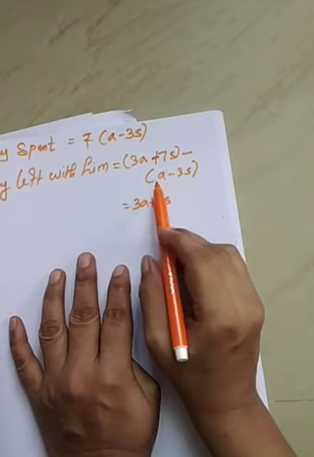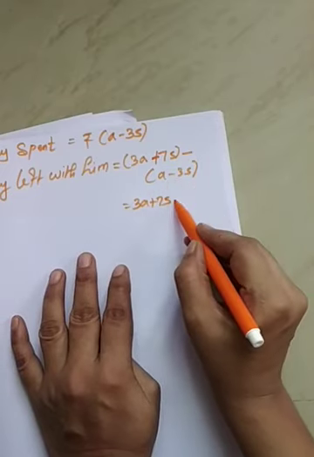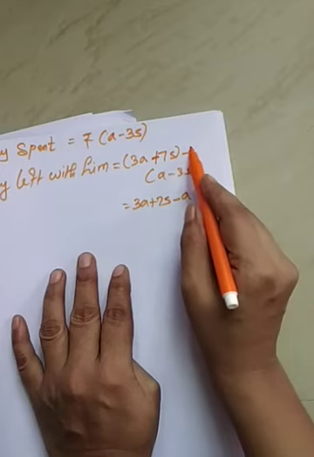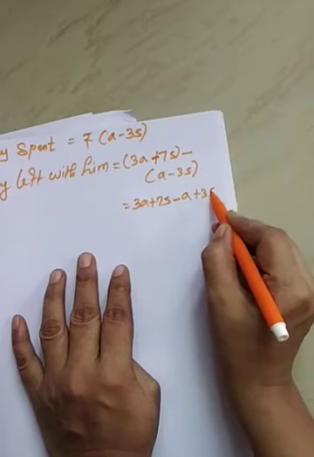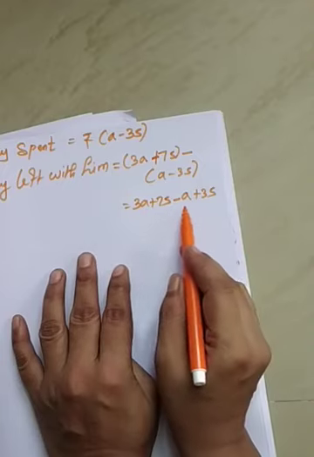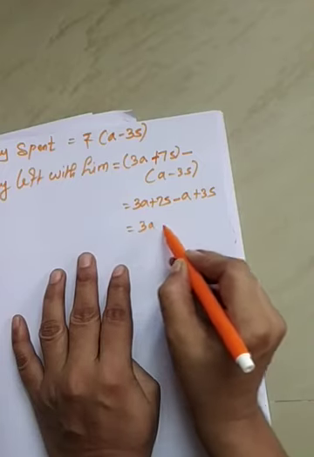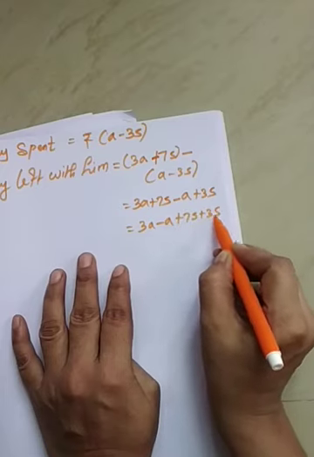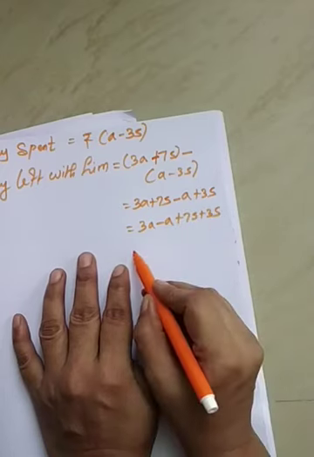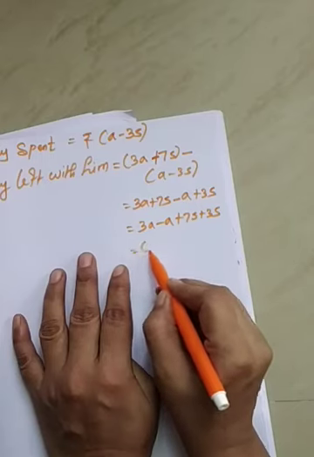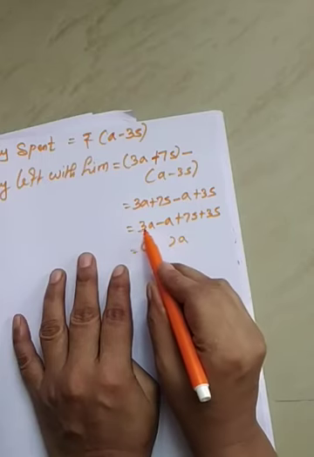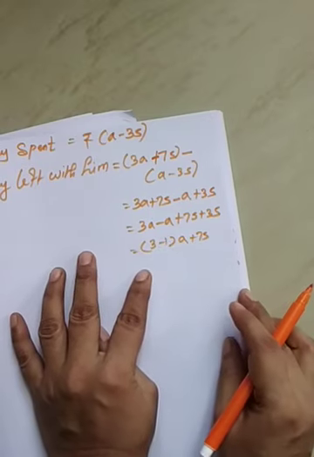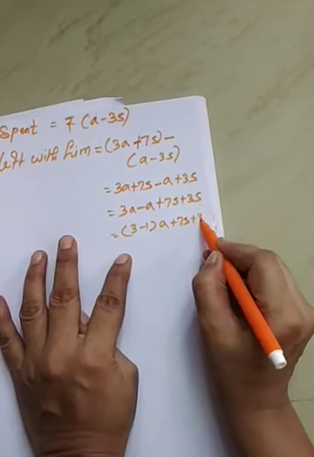In this, the minus is common for the second term, so you can write minus a. Minus into plus is minus a. Minus into minus is plus 35. Now you have to arrange the terms: 3a minus a, then 75 plus 35. Here a is the common value, so you can write a times 3 minus 1, then write the remaining value, 75 plus 35.